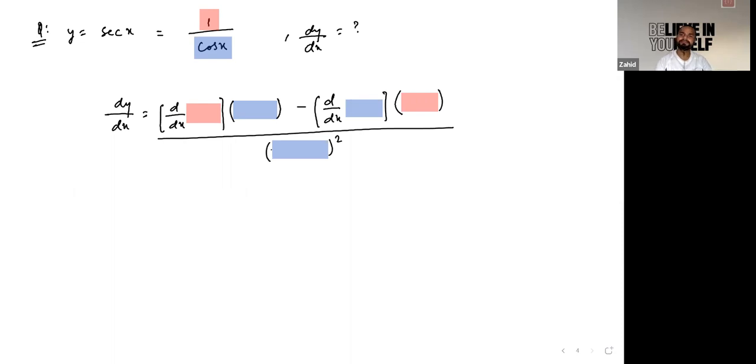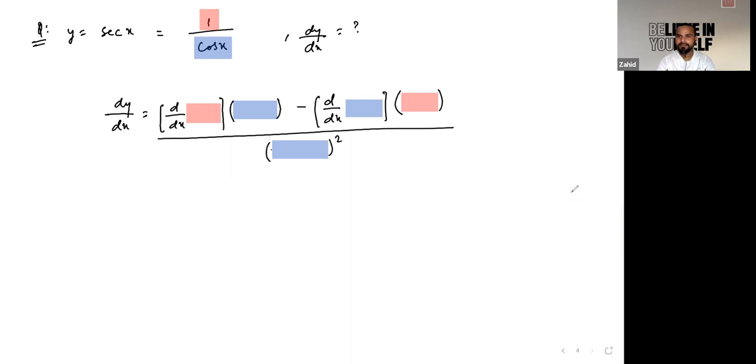Good, Mikhail. Move your denominator to the numerator. Akash, any doubt?